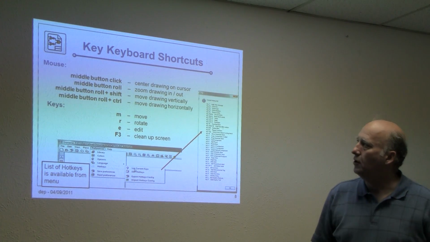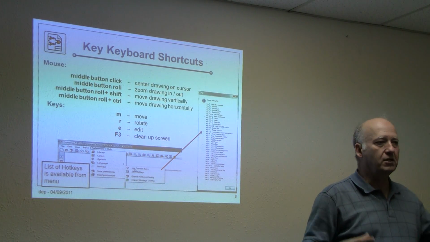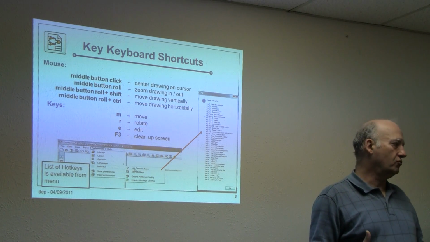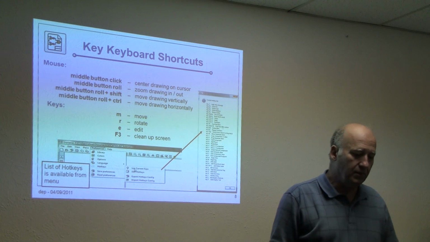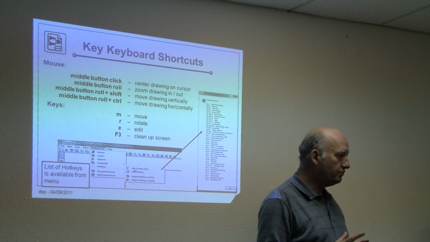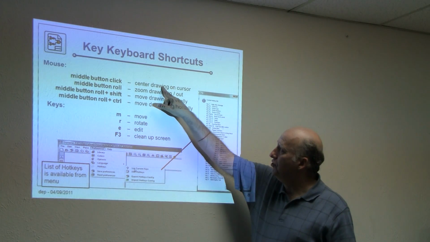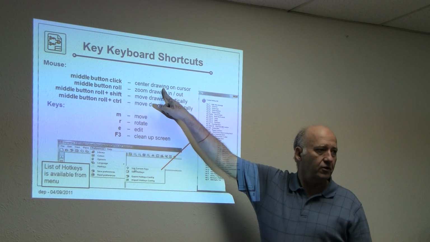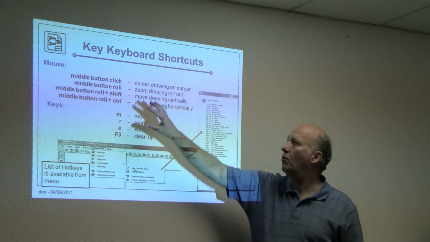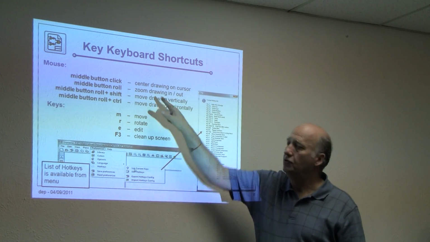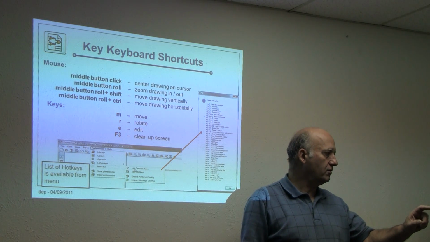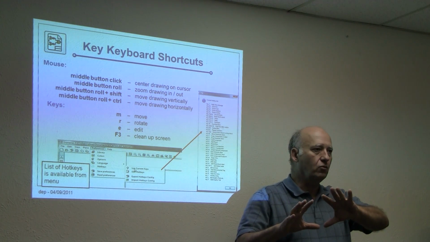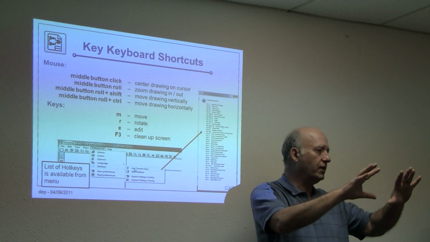Okay, now these are the absolute minimum gotta-know key shortcuts. The middle mouse is very important. You can use that to center the drawings on a cursor. These are very nice. I wish all programs did this. Wherever you click the center mouse, the whole screen is going to center to that click point.